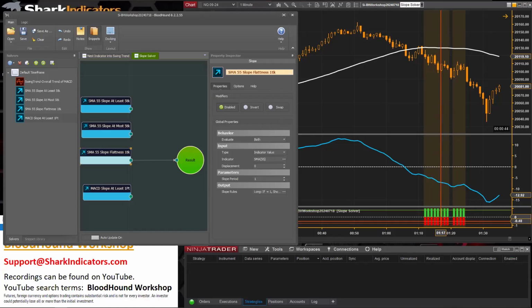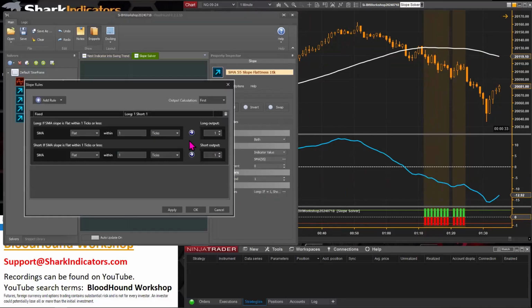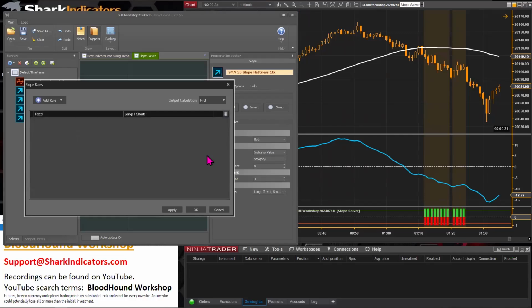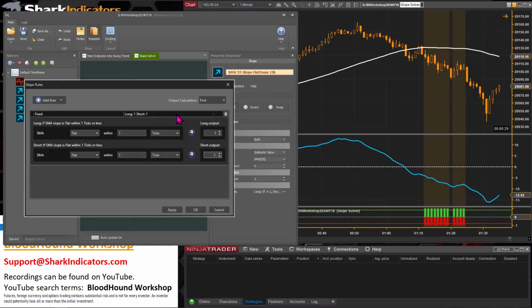If for some reason you only want a long output when your indicator is flat, then you would go into the rules window, and this is where you would turn off the short. I gotta stop double clicking. There we go. Set that to 0, hit apply, and there you go.